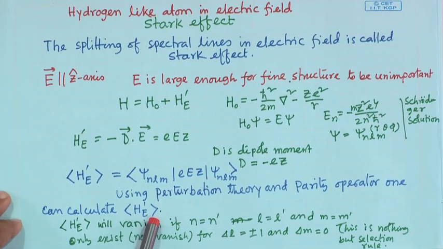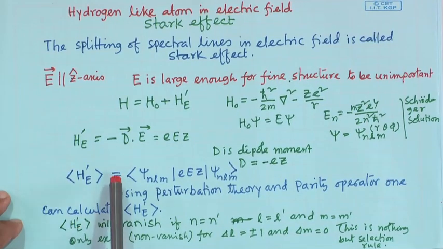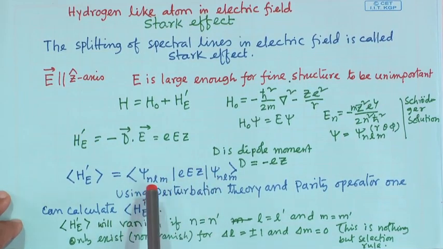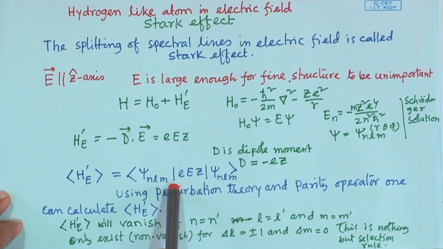I will not calculate this one, I will avoid the calculation, but logically I can tell you the effect of this electric field. Now you see this term; it will depend on n, l, m.